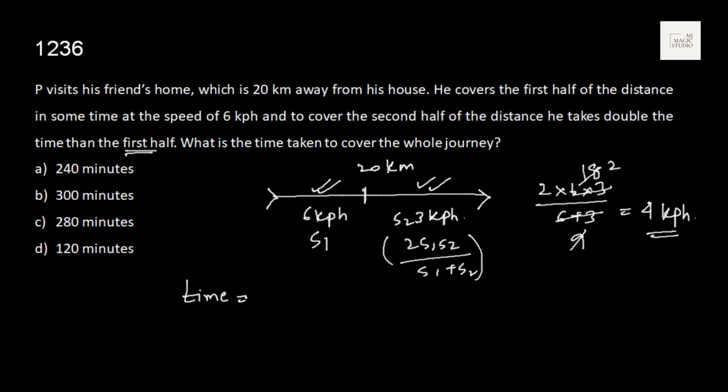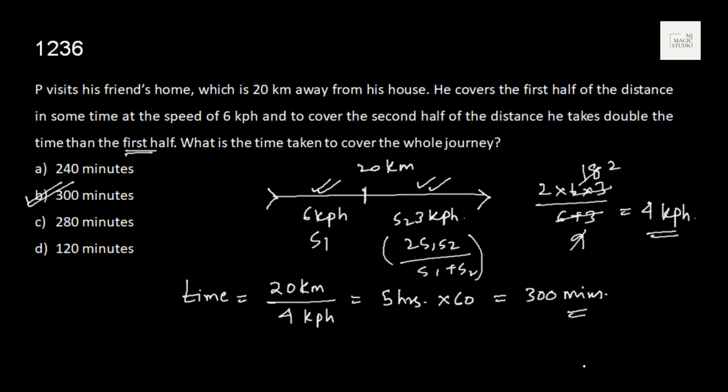So time taken would be distance covered by the average speed, that is 5 hours. Now all the options are in minutes, so into 60 gives us 300 minutes. Option B fits in.